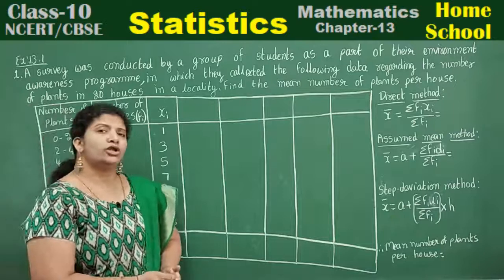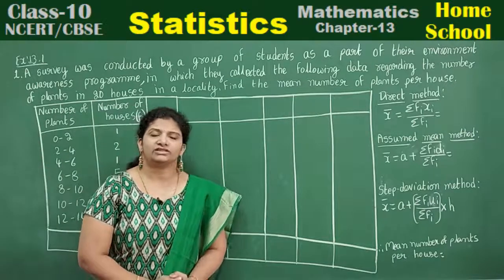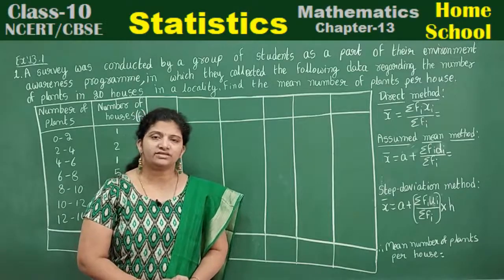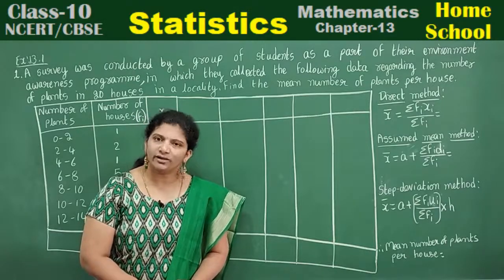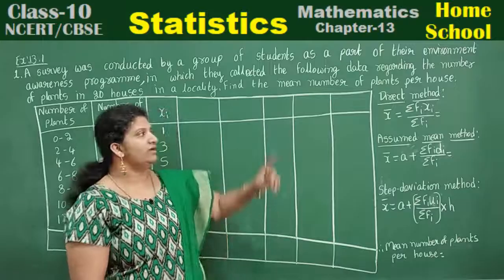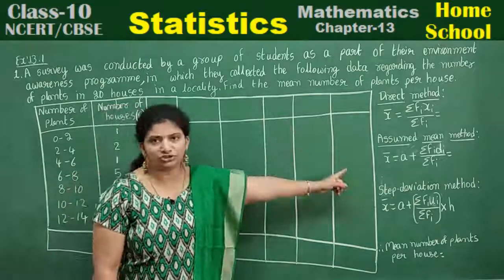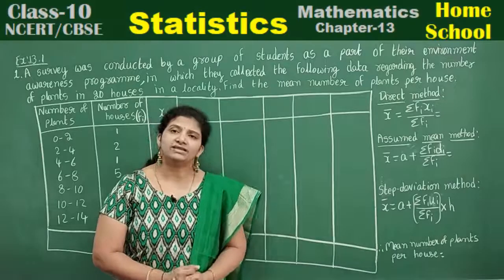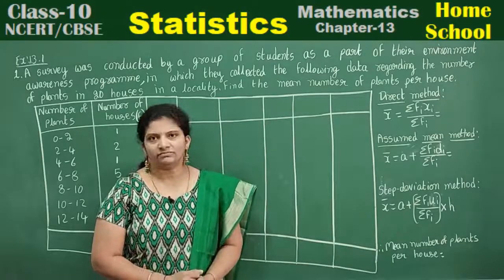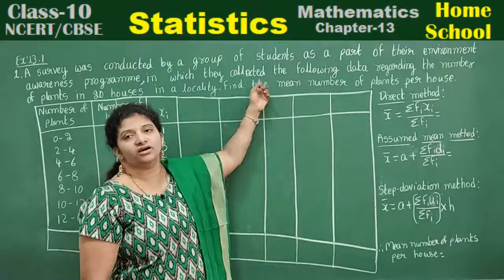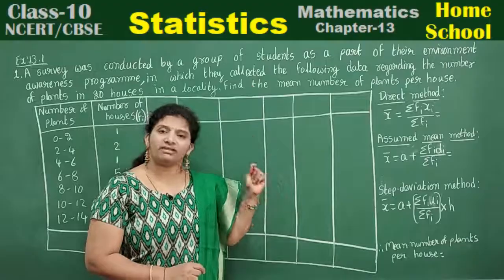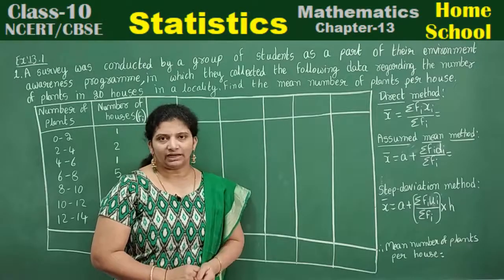Now, what do you remember from the statistics introduction? We are going to find the mean. How many methods do we have? There are 3 methods: direct method, assumed mean method, step deviation method. Children, select your own method. If they ask you to find the mean using a particular method, you go with that method.